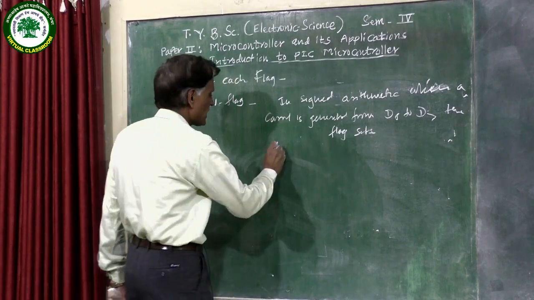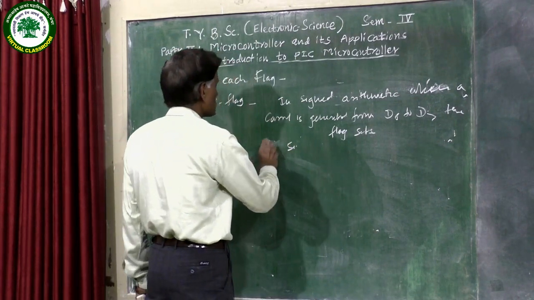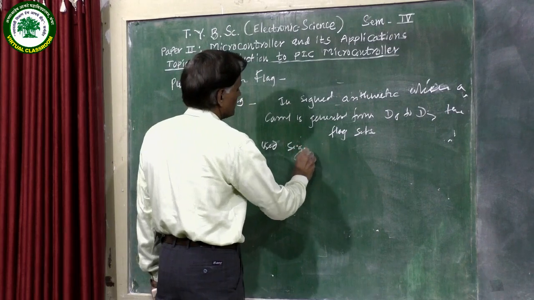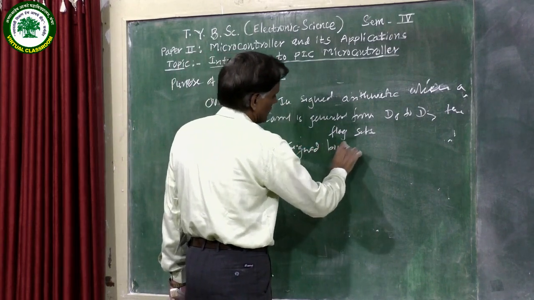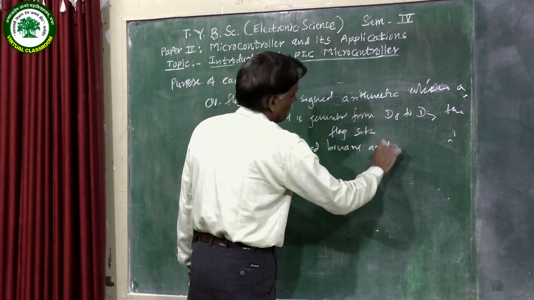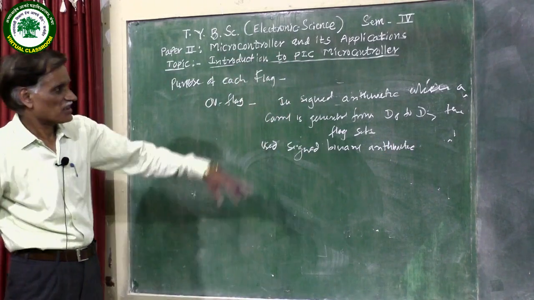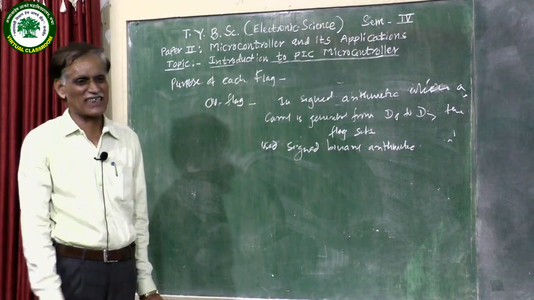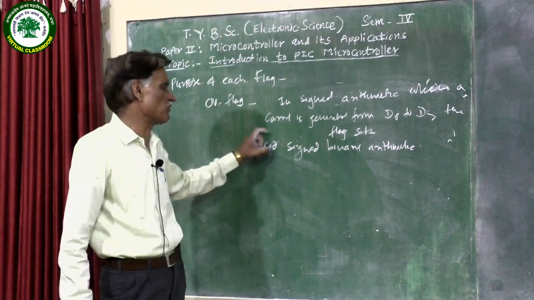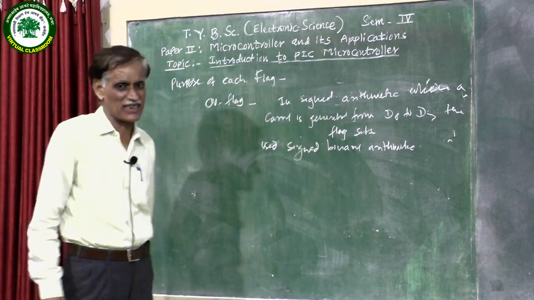It is used in signed binary arithmetic. Remember that the C flag is used in unsigned binary arithmetic, while the OV flag is used in signed binary arithmetic.